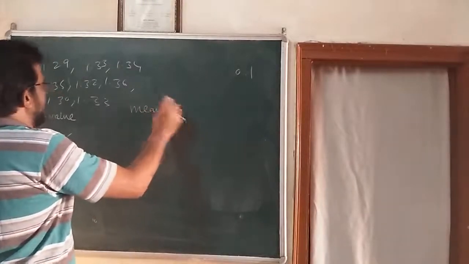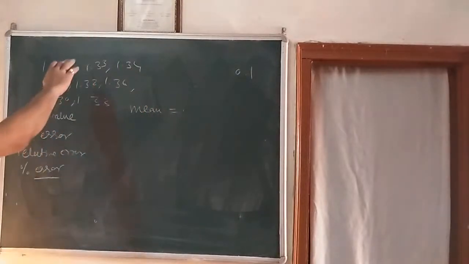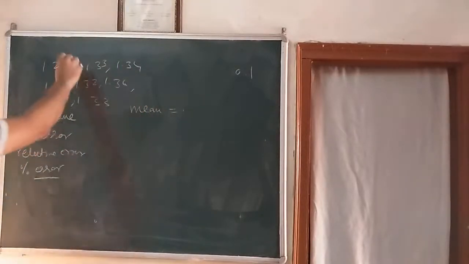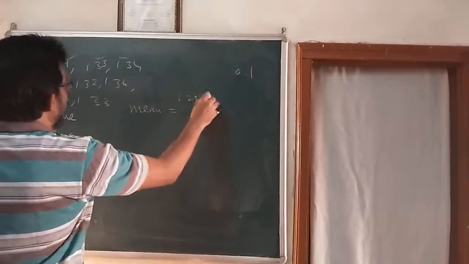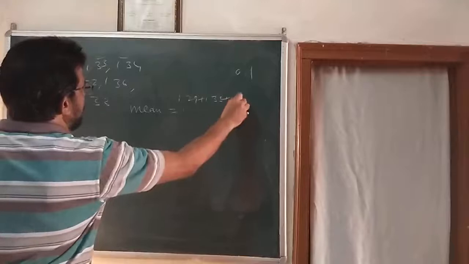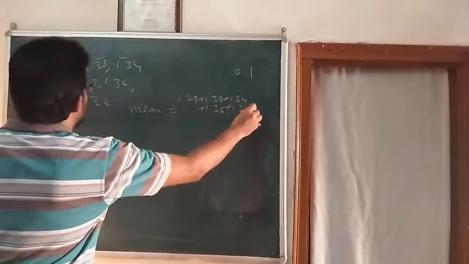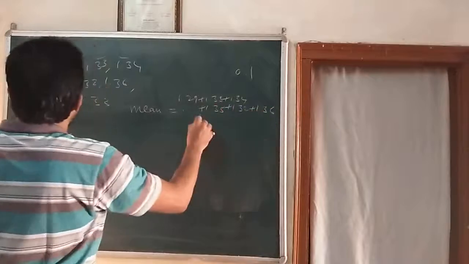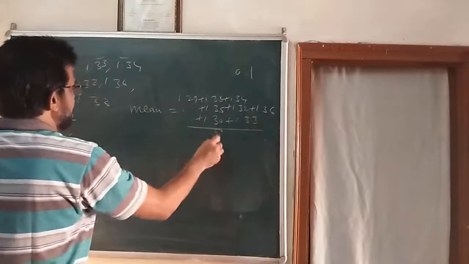Mean value of refractive index: add all of these, divided by total number of readings, which is 8. So you may add 1.29, 1.33, 1.34, 1.35, 1.32 plus 1.36 plus 1.30 plus 1.33 divided by 8.